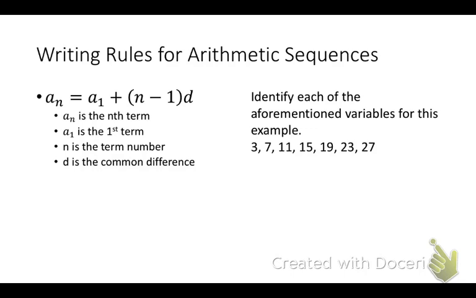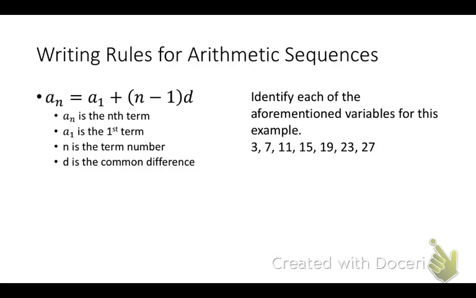Now, usually the way I will write this, a sub 1 is the first term in the sequence, and a sub n is your rule. Later we'll talk about it being your explicit rule, versus recursive rules, which you don't know yet but will figure out next week. An explicit rule is specific, so I can find basically any number in my sequence just by plugging in.